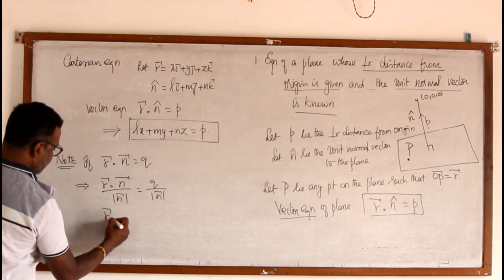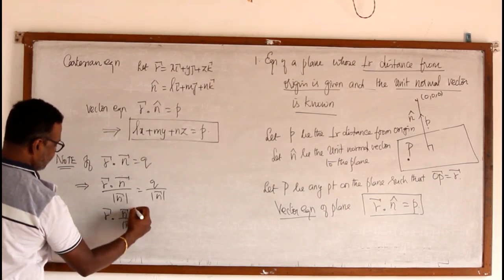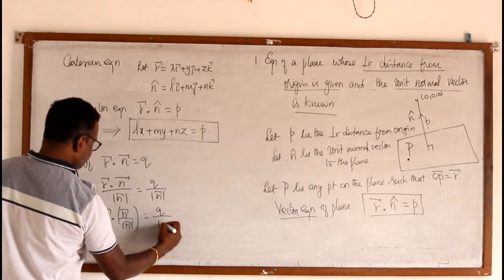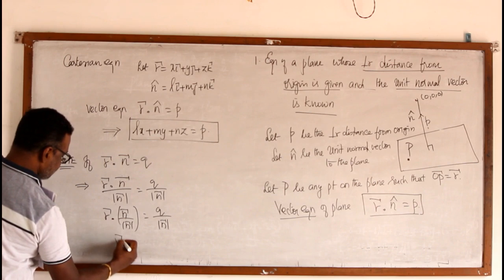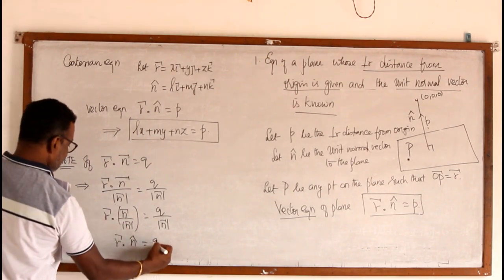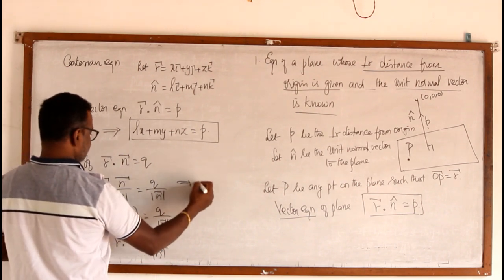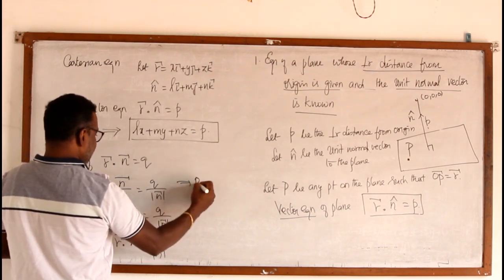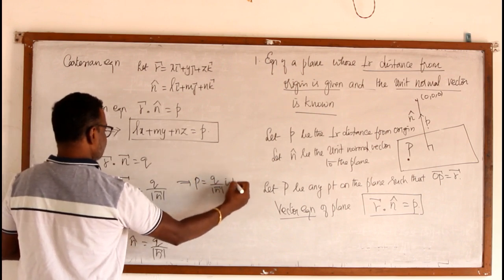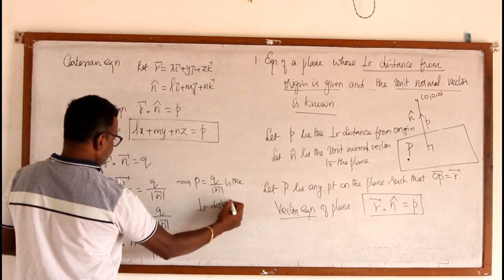Then it is r dot n vector by modulus of n vector equal to q by modulus of n vector. Now this becomes r dot n cap, since any vector by its modulus is a unit vector, equal to q by modulus of n vector. Therefore, in this case, p equal to q by modulus of n vector is the perpendicular distance from origin.